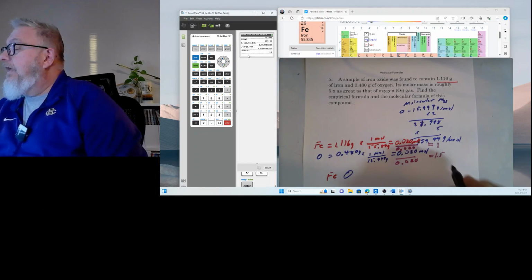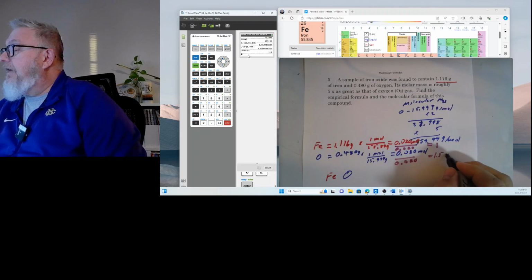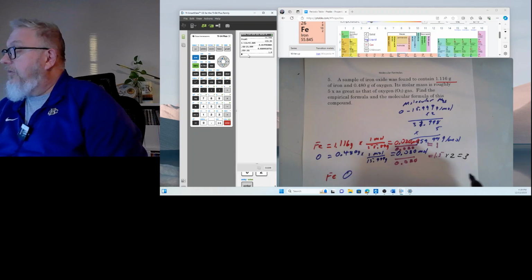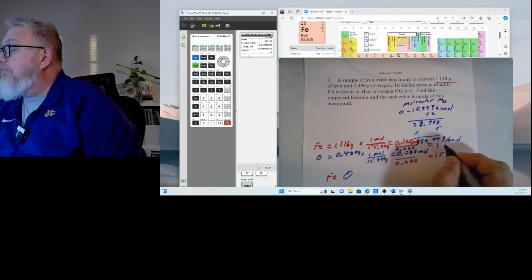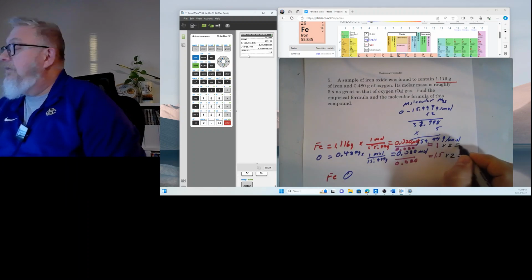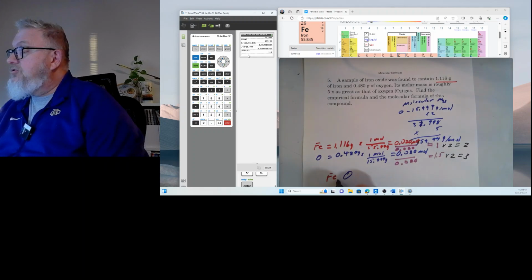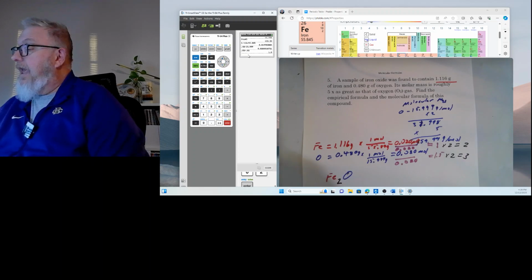I know if I multiply that by 2, I get 3. Okay? So if I multiply that by 2, that means I've got to multiply this by 2. So what does that mean? That means I have 2 atoms of iron, and I have 3 atoms of oxygen.